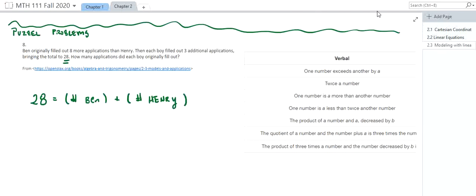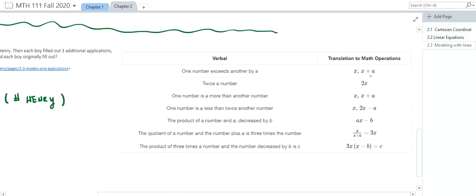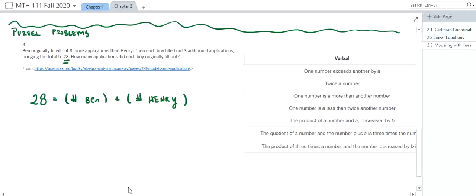So now we have to relate the number of applications that Ben and Henry filled out. And the first thing we can do is look at the information up here. We can see that Ben filled out 8 more applications than Henry. So one number exceeds another number by A. So that's going to be like X plus A. So let's say here that Ben filled out X plus 8.